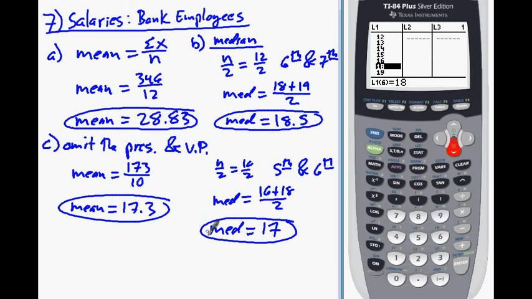And part D says compare your answers from part C, where we took the president and vice president out, with part A. Comment on the effect of extreme values on the mean and the median. As I think we've probably seen in a number of places now, extreme values will affect the mean substantially, but generally don't affect the median as much.